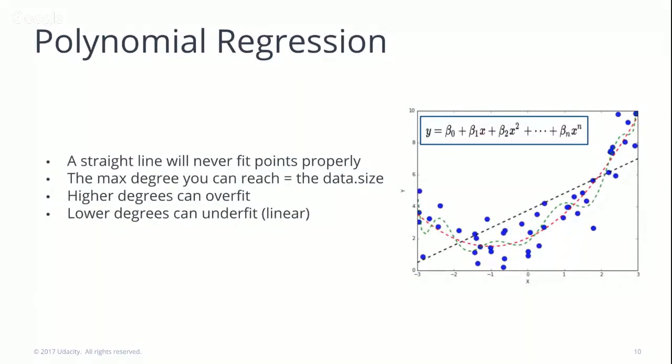We spoke about this a bit earlier, but going over it again. Polynomial regression is more complex than linear regression. The highest degree of line that you can create would be equal to the data size, at which point you would try to generate a line that would hit every single data point.